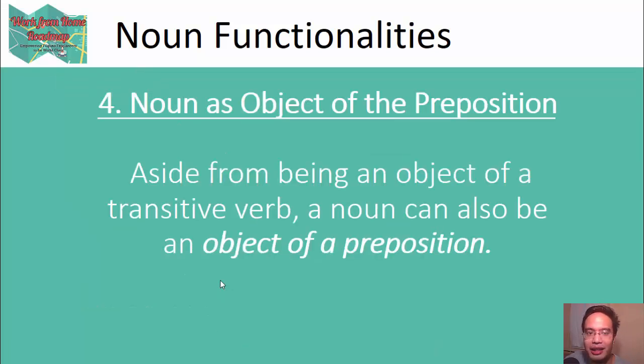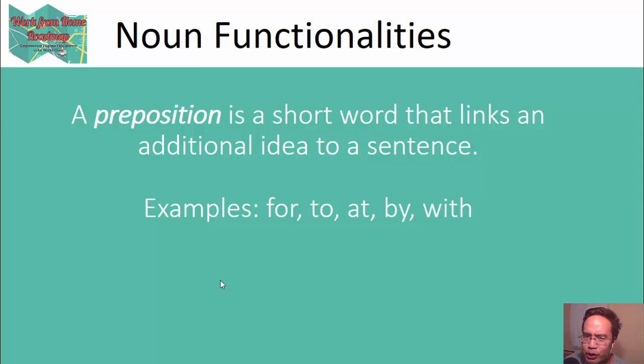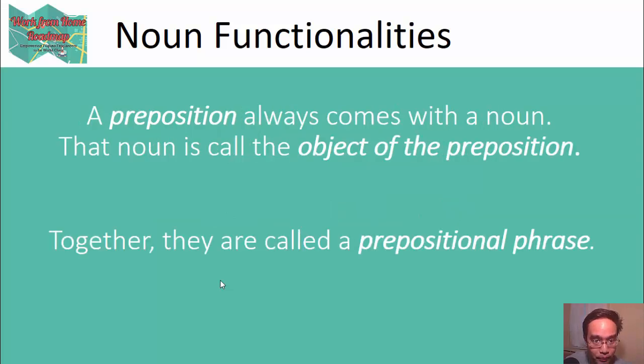Okay, the fourth noun functionality is the noun as object of the preposition. Aside from being an object of a transitive verb, a noun can also be an object of a preposition. A preposition is a short word that links an additional idea to a sentence. So a couple of examples here: for, to, at, by, and with.